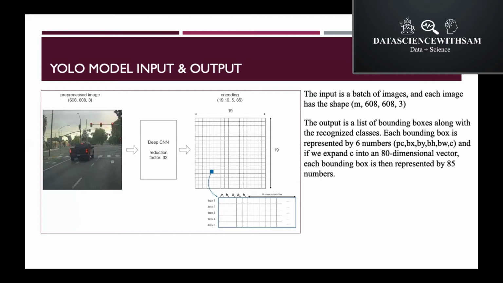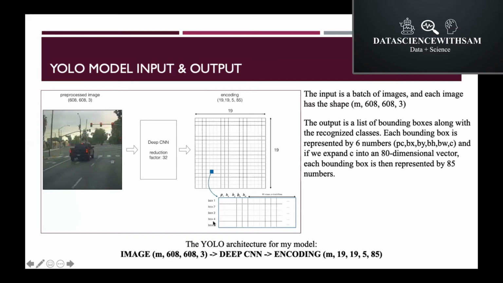Okay, so once we gather these 6 numbers from each bounding box of this 19 by 19 grid, we pass them to the next stage for probability extraction to determine the accurate class of the object. In a nutshell, the architecture for this model is that we pass in images of 608 by 608 by 3 dimensions, where m denotes the number of images we have.